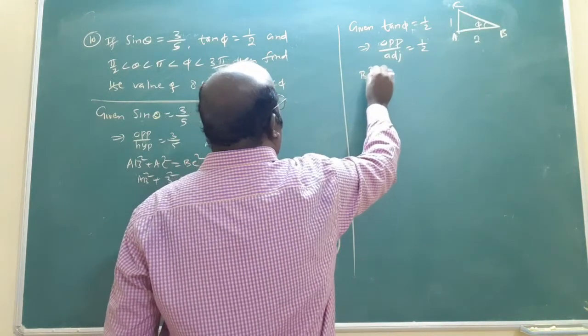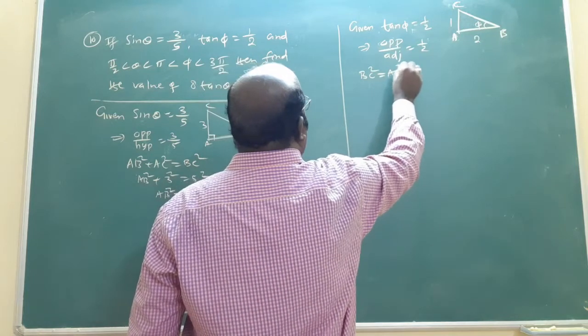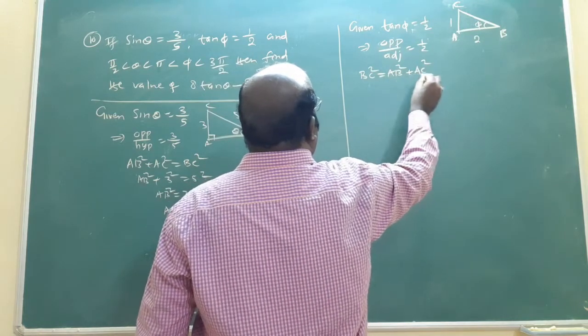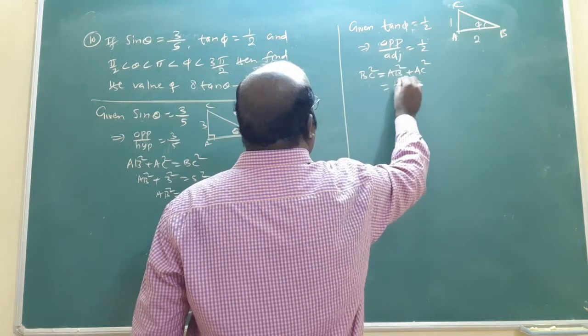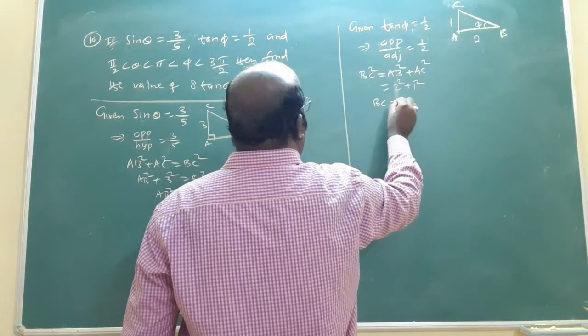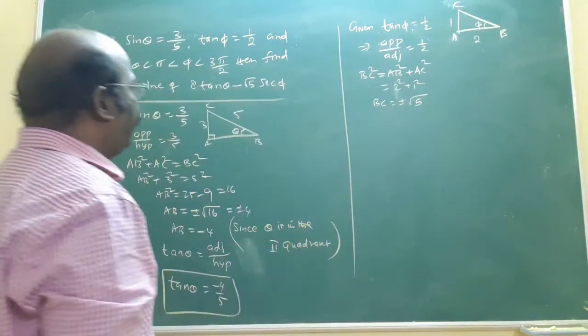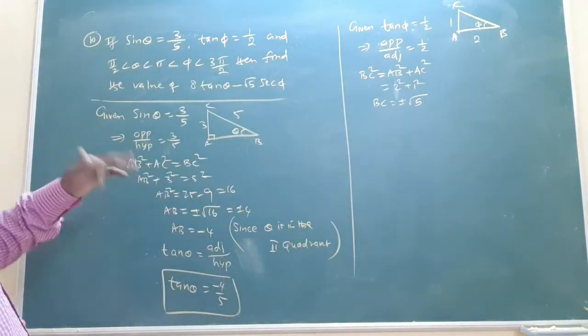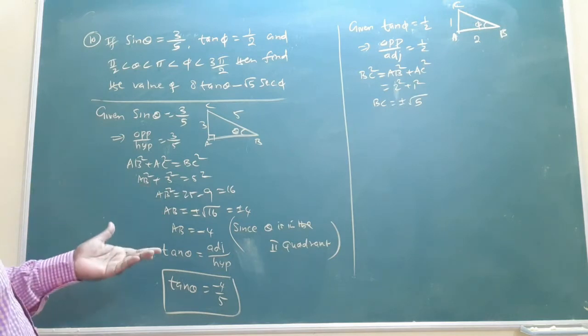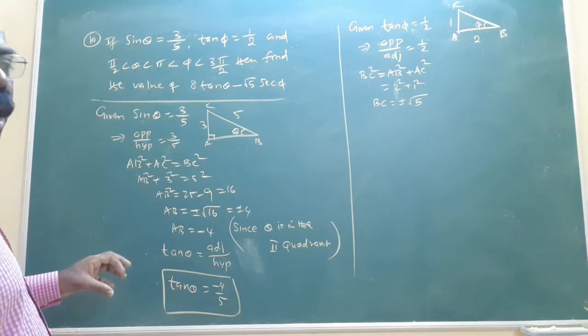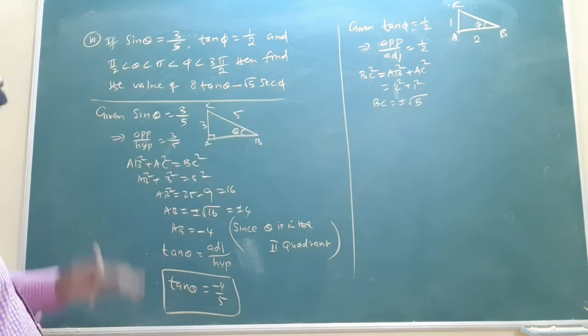That's why hypotenuse square equal to sum of the squares of the other sides, that is 2 square plus 1 square. BC equal to plus or minus root of 5. We got 2 square 4 plus 1, 5. Now listen here. Out of the two signs, plus or minus, which sign is applicable? One is not possible, one is possible.